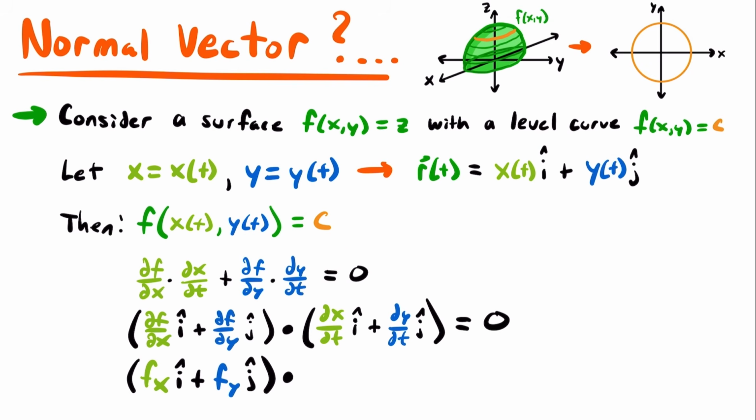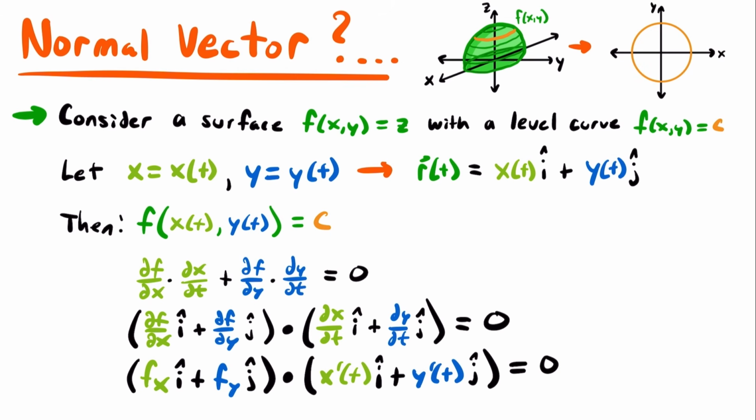So we could rewrite those derivatives like this. We'd have x'(t) times i plus y'(t) times j, and that's still equal to 0.